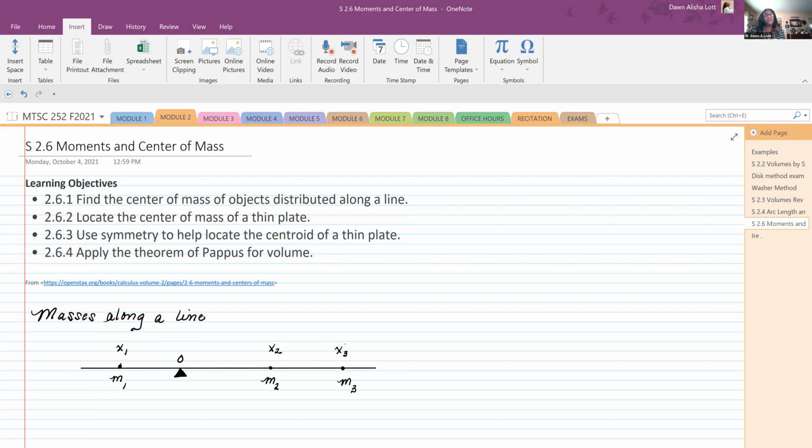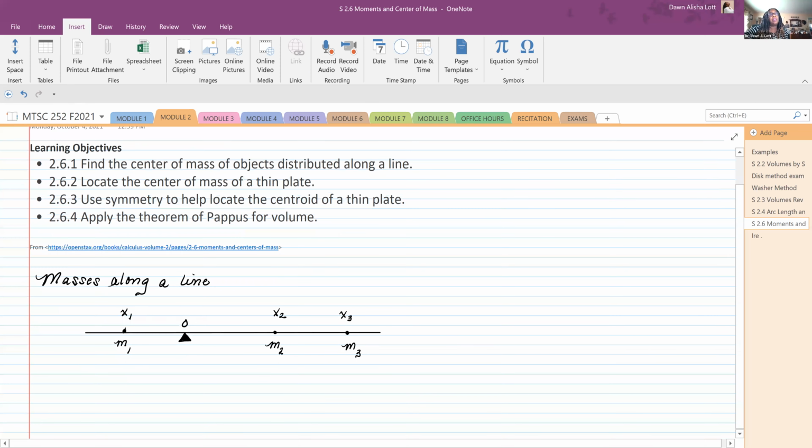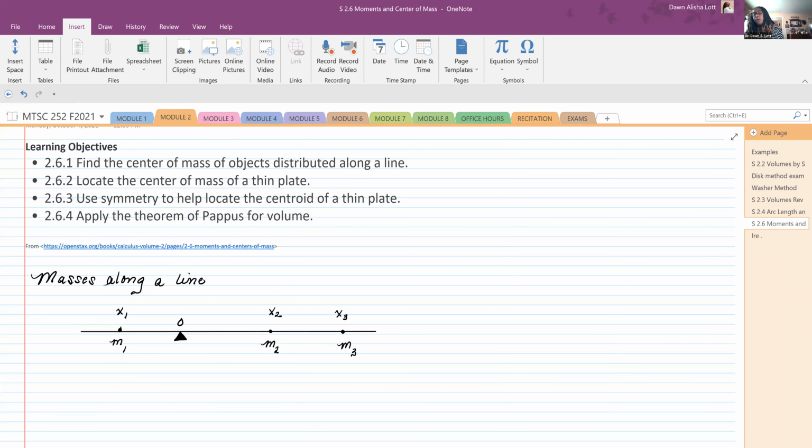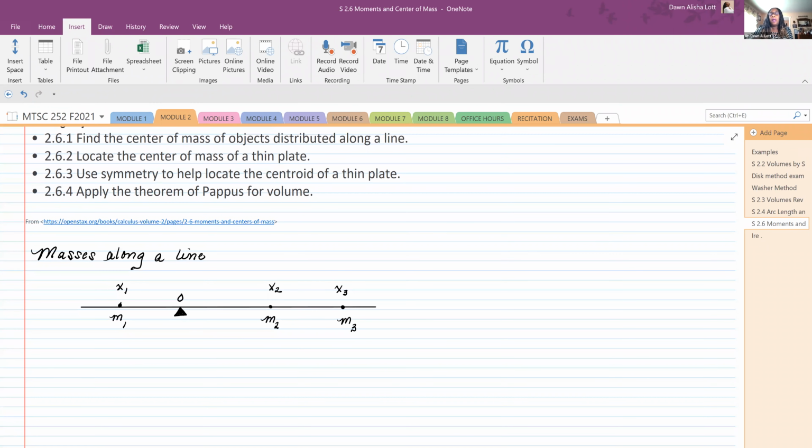Now, clearly, if 2 people who weigh the same get on a seesaw and they are equally distant away from the seesaw, then the seesaw will balance. But if one moves closer, then it changes how the seesaw is actually going to balance.